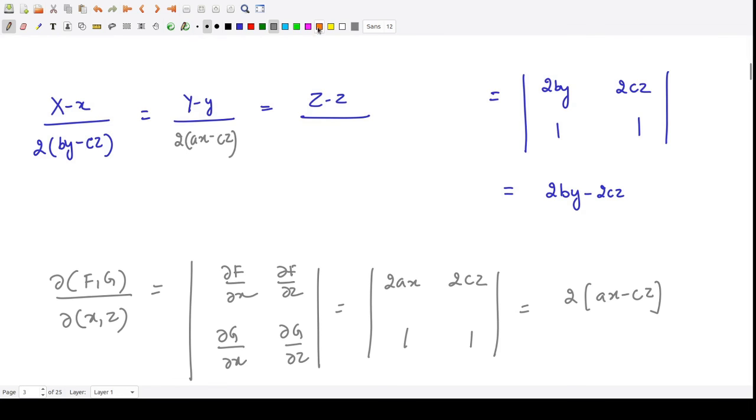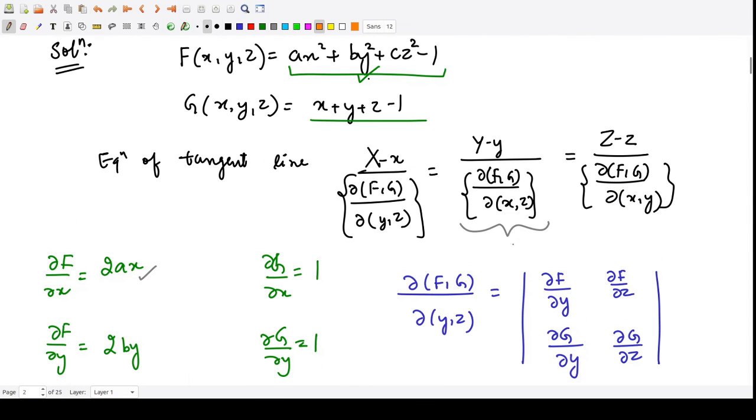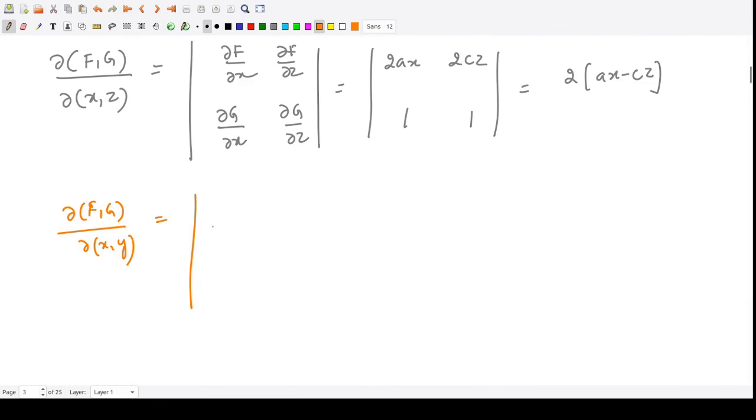And similarly we'll go for calculating del fg with respect to x and y for this third quantity over here in this equation. So for that, we'll use this formula: del f by del x, del f by del y, del g by del x, del g by del y.